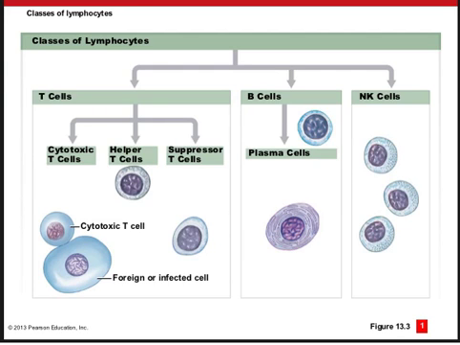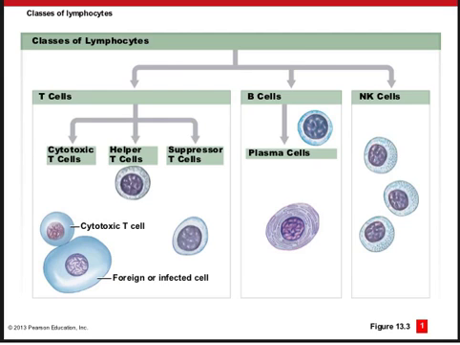And so you can see the different classes of lymphocytes shown here. T cells make up 80% of circulating lymphocytes, and there are three major classes of T cells: cytotoxic T cells, which attack foreign cells or body cells infected by viruses. They are the primary cells involved in cell-mediated immunity. Helper T cells stimulate activation and function of T cells and B cells, and suppressor T cells inhibit the activation and function of T cells and B cells.